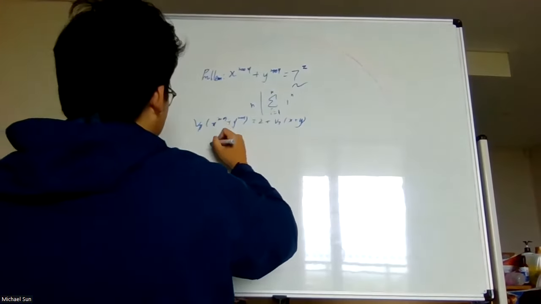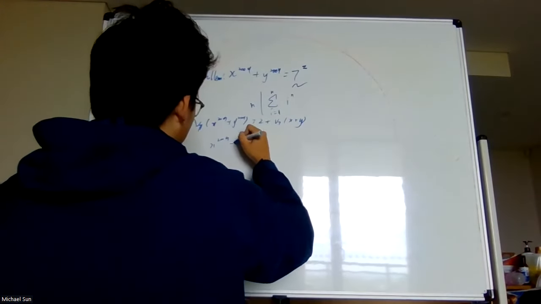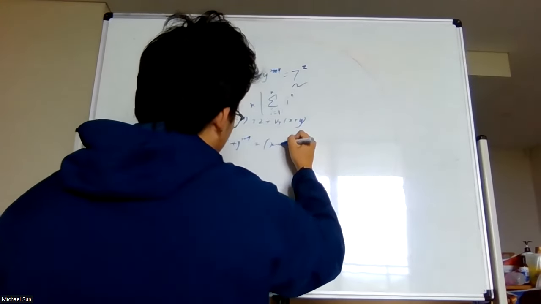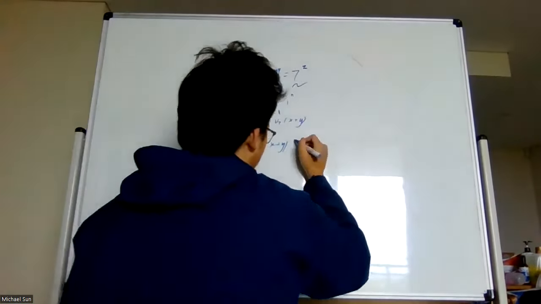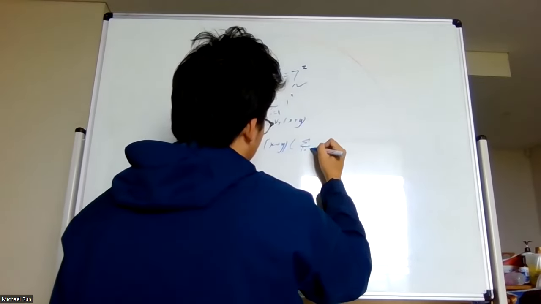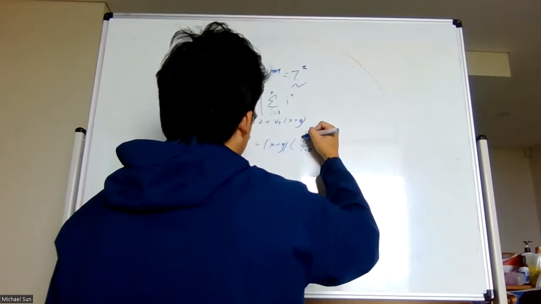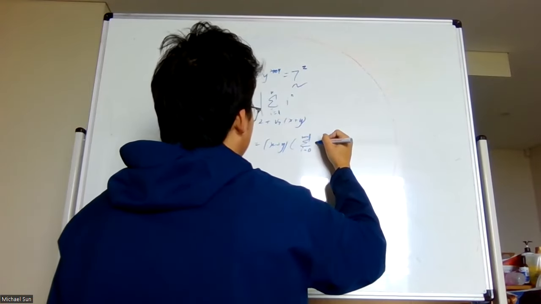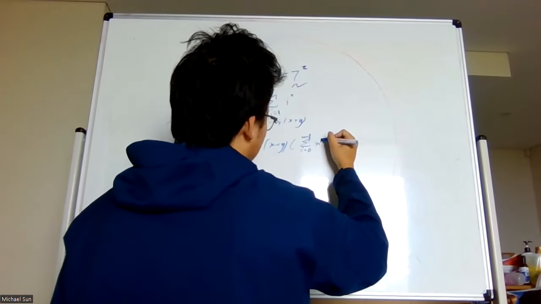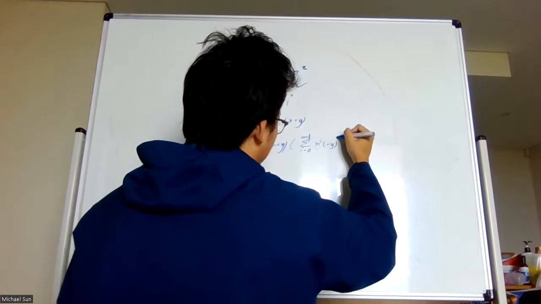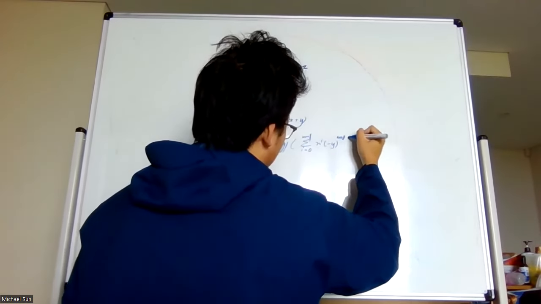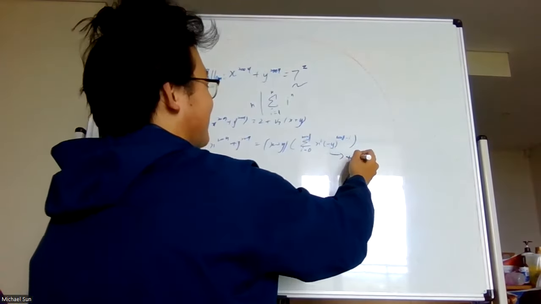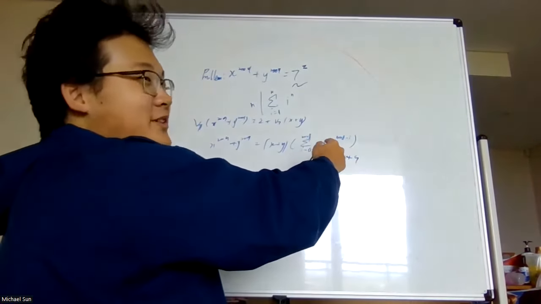And we also know x^2009 plus y^2009 is equal to x plus y times the summation for i from 0 to 2008 of x^i times (negative y) to the 2008 minus i. So this gives you that this function is equal to 49.